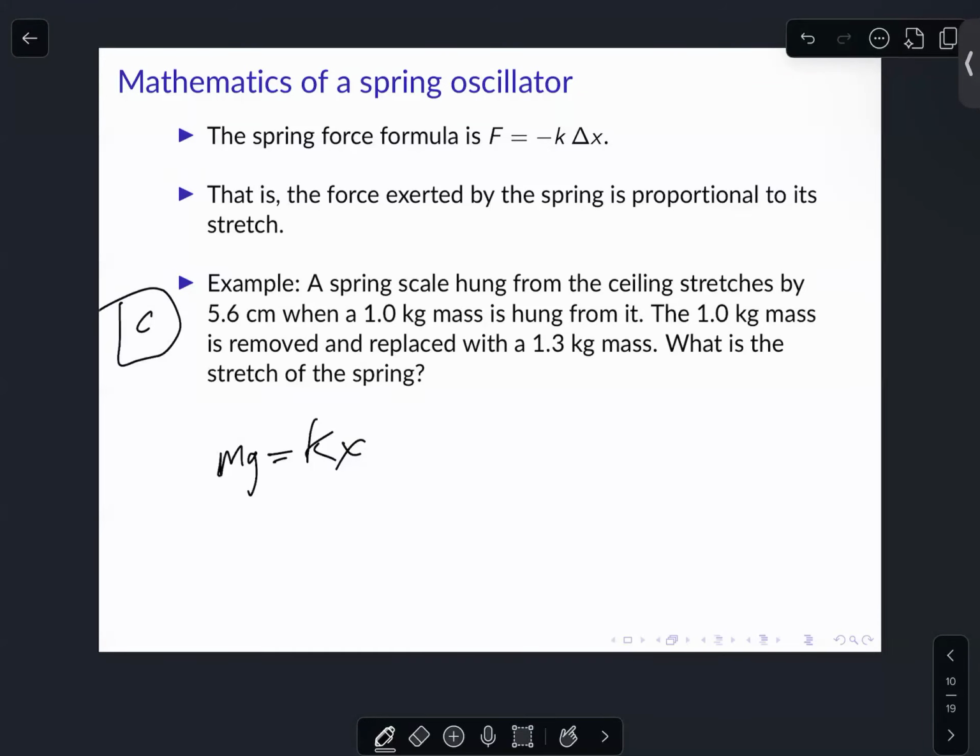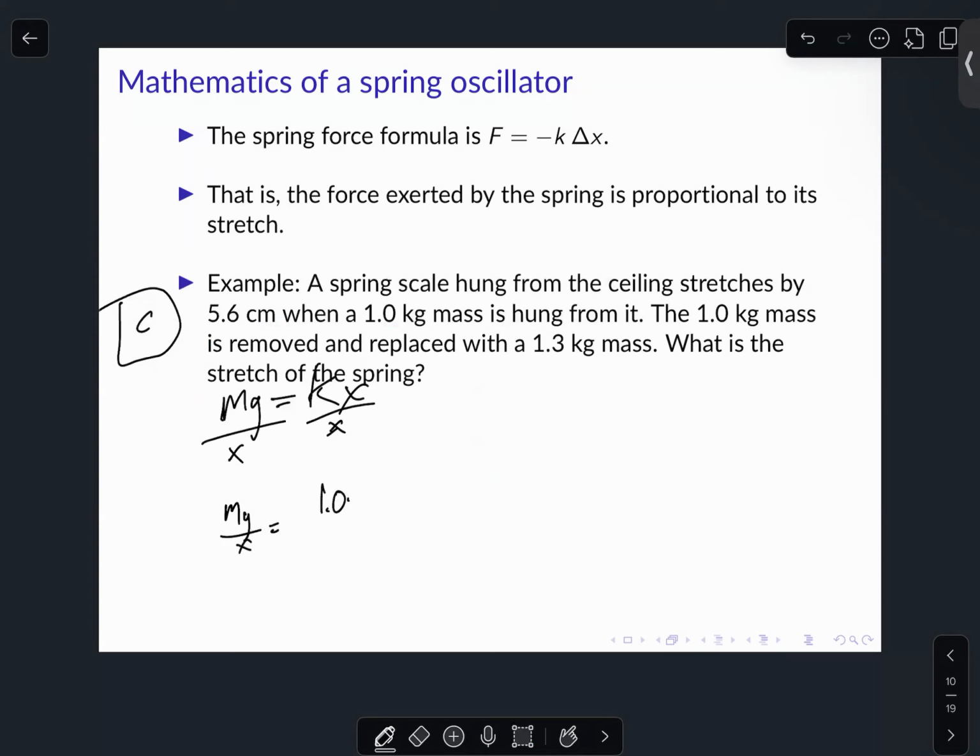And weight, mg. Okay, so I could do this in two steps. I would suggest the first step is solve for k. K does not depend on the stretch of the spring. So I'm going to get a constant here. mg over x is the spring stiffness.